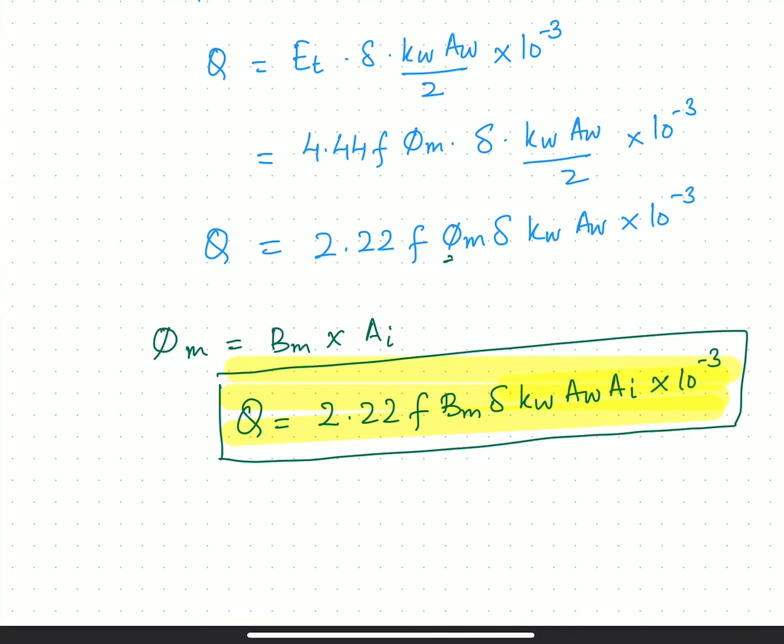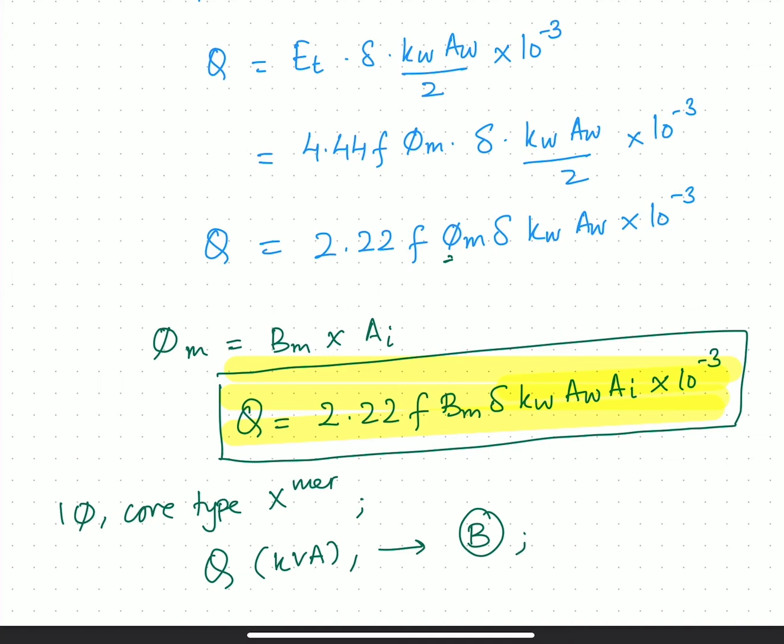This is the output equation of a single phase core type transformer. And what does it do? It relates the output Q in kVA to which quantities? To the flux density B, the current density delta, and areas AW, AI, and this KW.